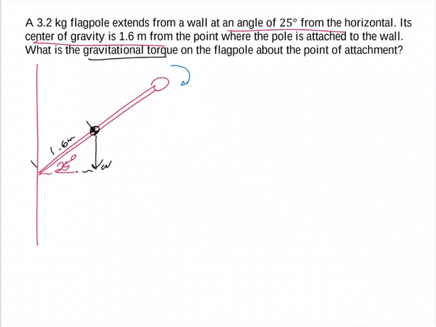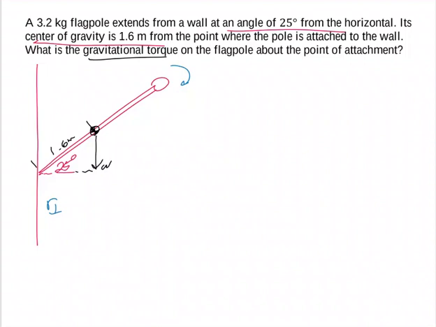So what we have going on here is an R perpendicular. How do I get that R perpendicular with the 25 degrees? Well, the weight is the perpendicular, right? So where is the R perpendicular? It is opposite the 25 degrees.